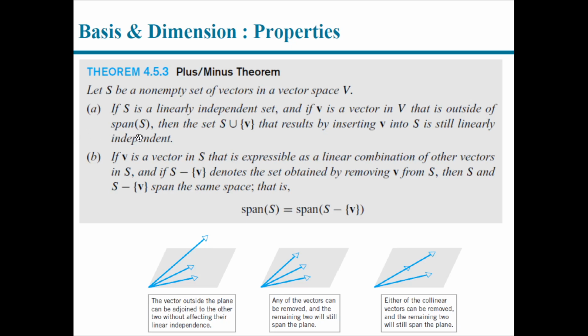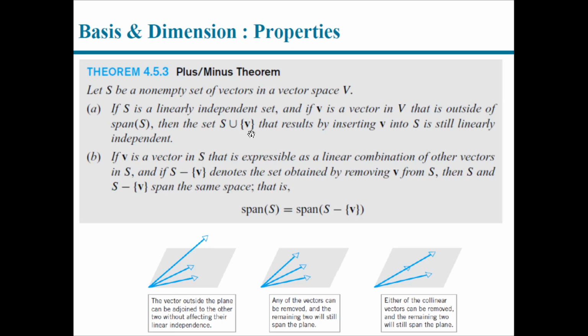Not being in span S means you're not a linear combination of vectors in S. So vectors in S are linearly independent and V is independent of them. Okay, so the entire set is independent actually. So that's what it says. So if I take S, linearly independent vectors, and this is the symbol for union, I put them together with the vector that is linearly independent of them, because it's not a linear combination of them.